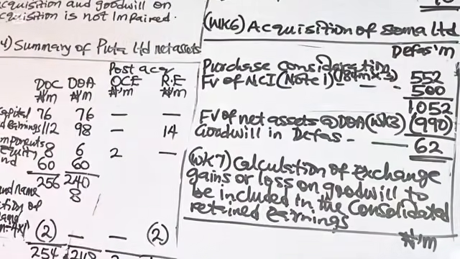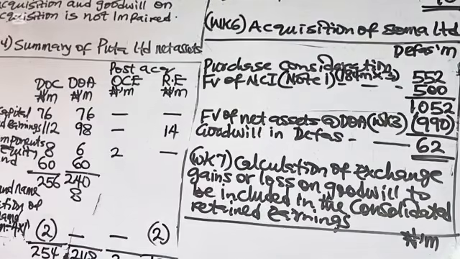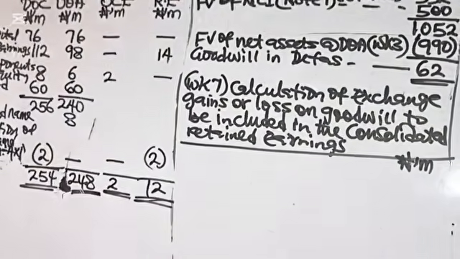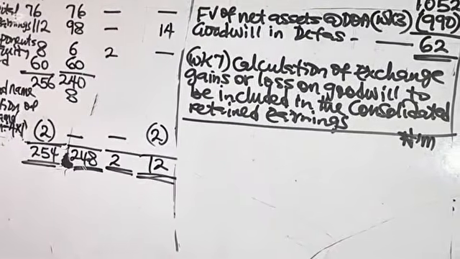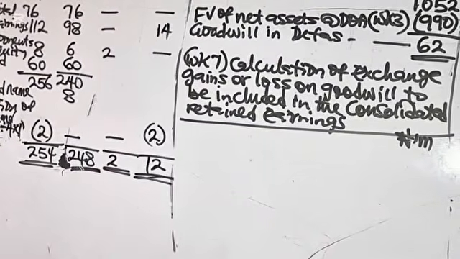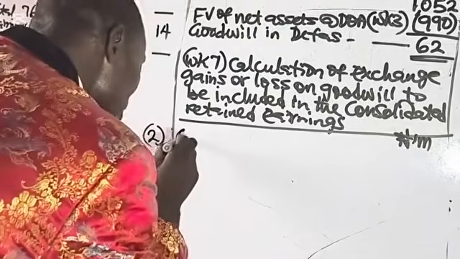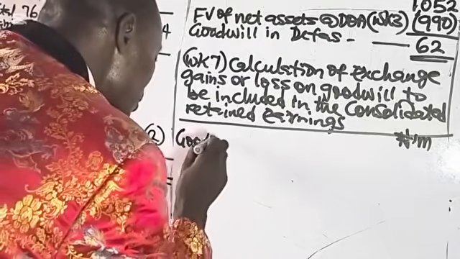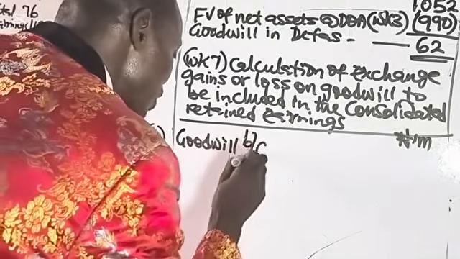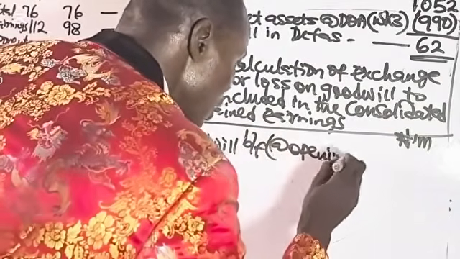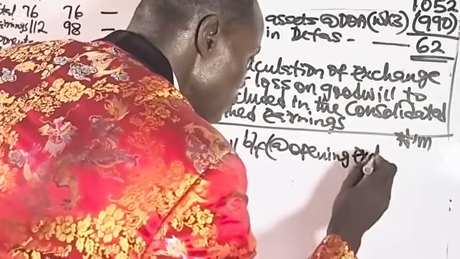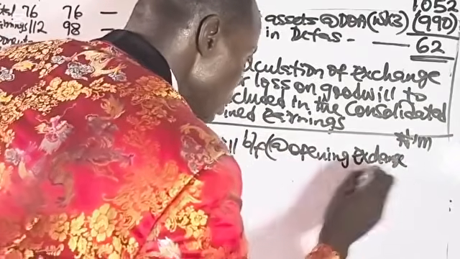You have the goodwill at the opening exchange rate. Opening exchange rate is the exchange rate at the beginning of the year. Goodwill brought forward is at the opening exchange rate.